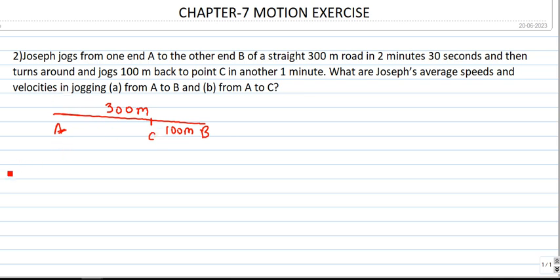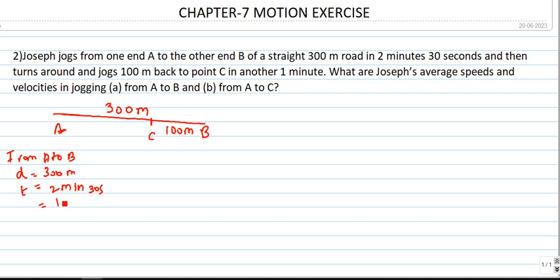So what do we have? The first thing we have is the distance from A to B. The distance is 300 meters and the time is 2 minutes and 30 seconds.